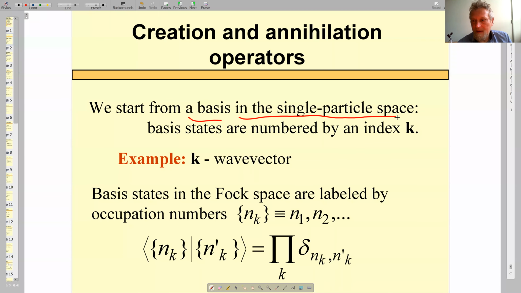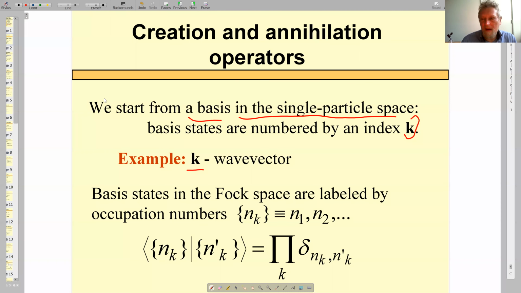I will label this state by some index k. An example of such an index is a numeration of plane waves with a wave vector k, but it doesn't have to be a wave vector. It's just some index which labels a set of single-particle states.